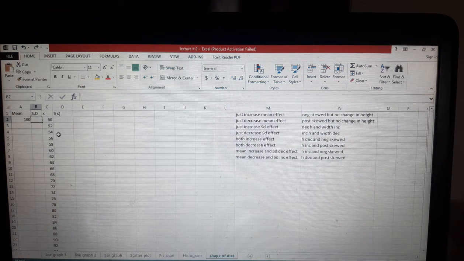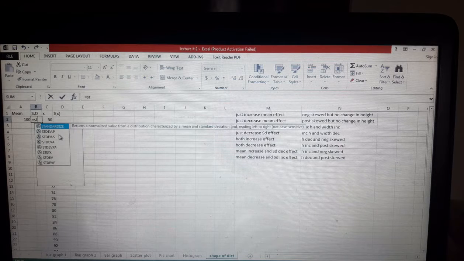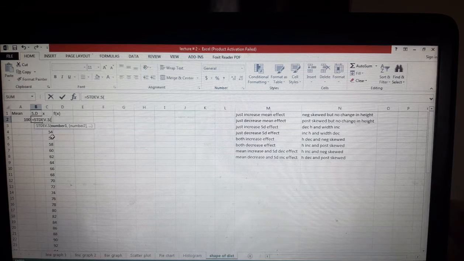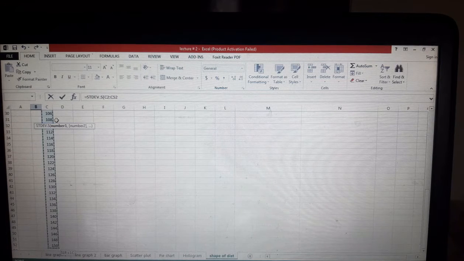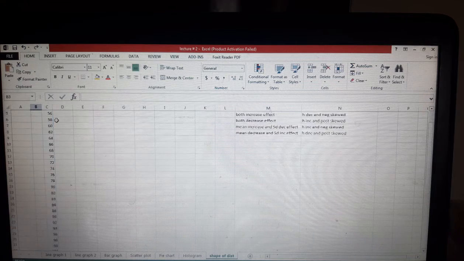Then you have to find the standard deviation of the data. As we have the sample data, we use stdev.s, standard deviation for sample data. Again select the data, Ctrl Shift, hit down arrow key, close parenthesis, hit enter.